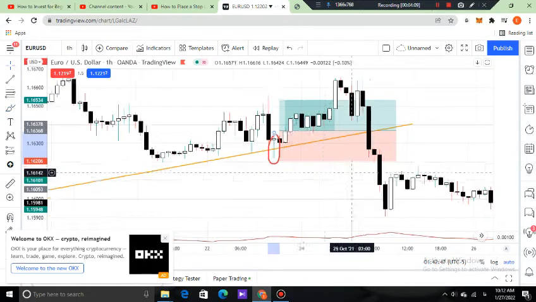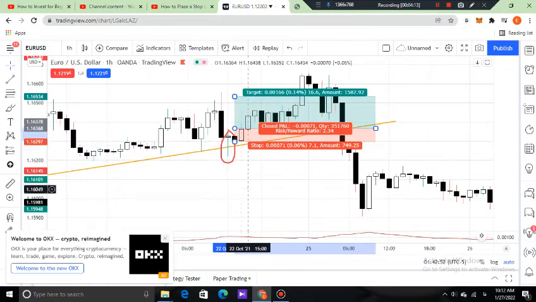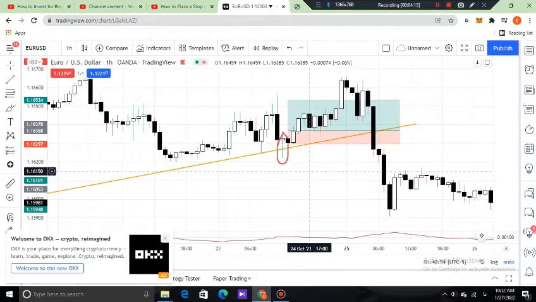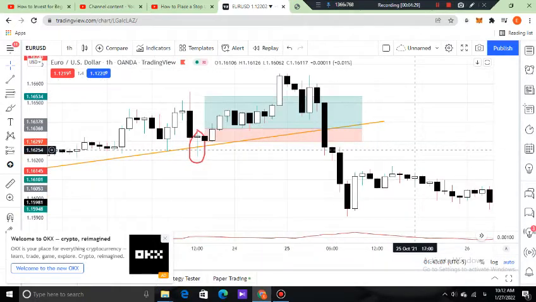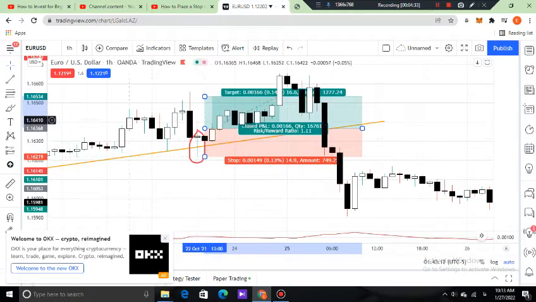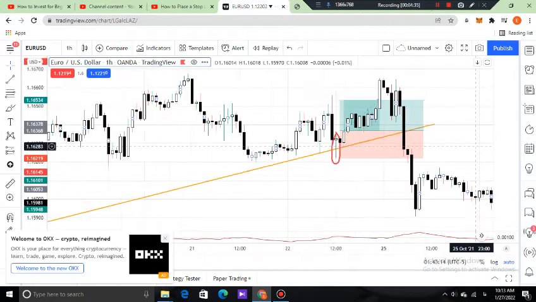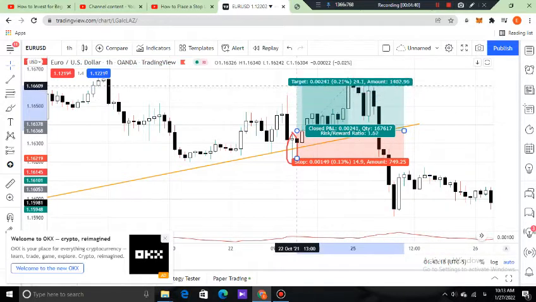Or you can put it below the entry bar, but it gives you a tight stop, which reduces the probability. It's not a good idea, I think. It's better if you put it below this signal bar.